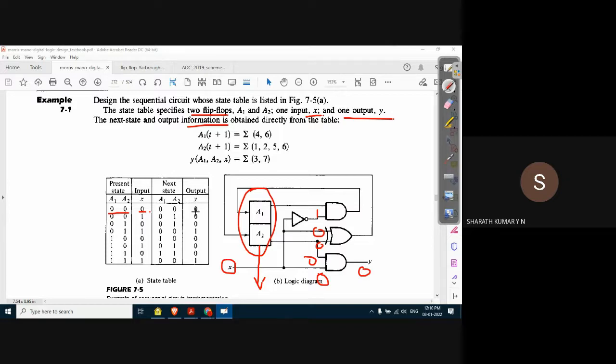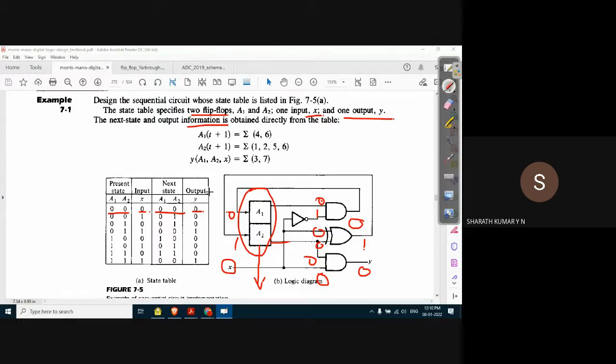That means Y is 0, and because this input of this AND gate is 0, 0 is fed back as input. Here it is 0 0, this is 1, 1 is fed back as input. Because of this, output is 0. Here it is 0. So next state is also 0 0.